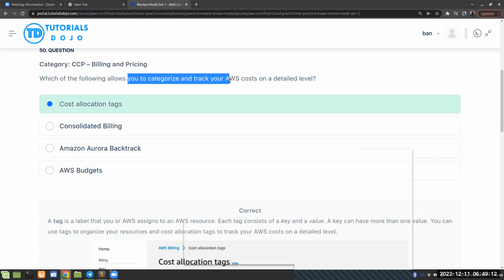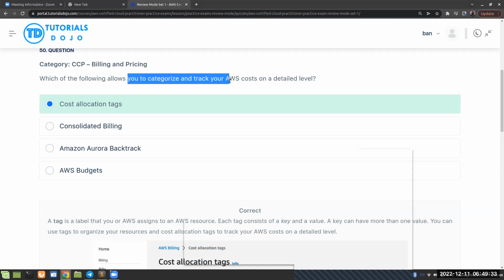So you always put tags on your resources so that you can know, for example, you can have an EC2 instance, you can put a tag on it and say maybe this is for the development phase. And then you have another EC2 instance, you can put a tag on it, which maybe is running on production.